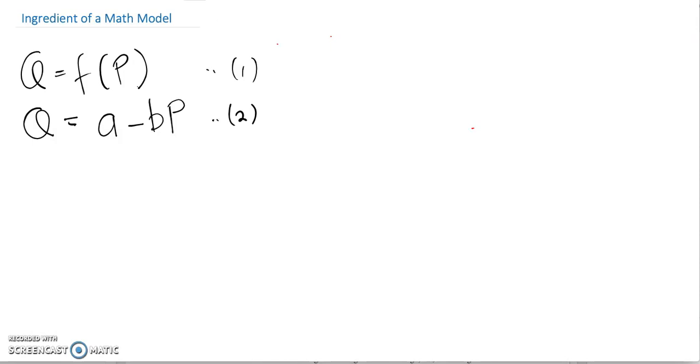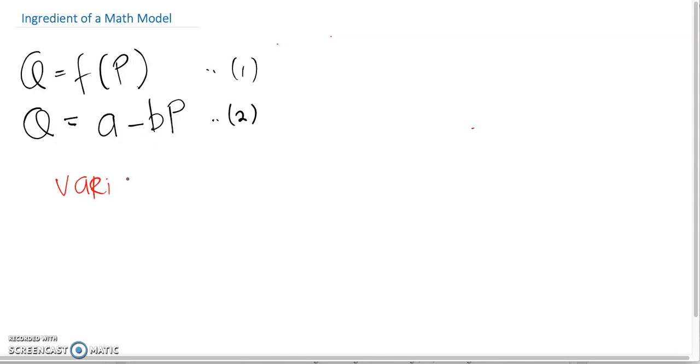The first one is variable. We know that the law of demand talks about the relation between quantity demanded and price. So the variables are quantity and price.